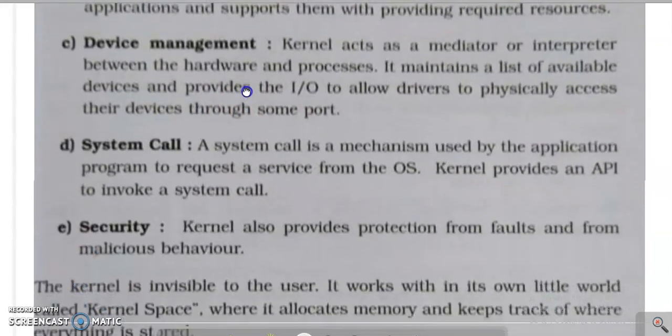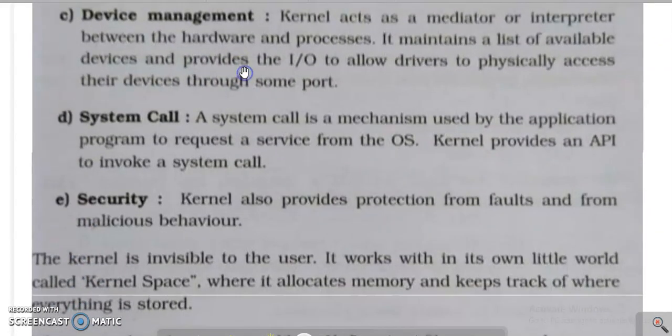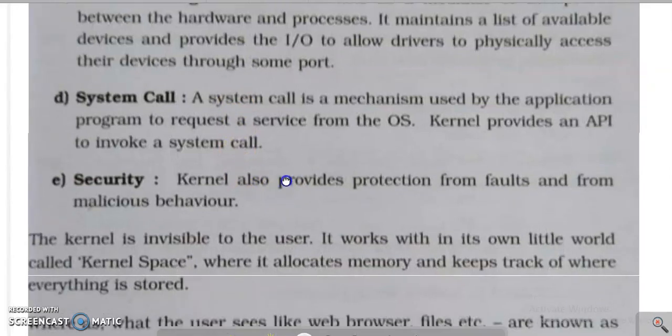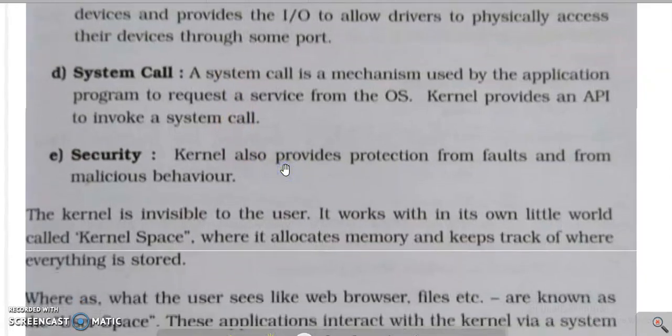A system call is a mechanism used by the application program to request a service from the operating system. Kernel provides an API to invoke a system call. API stands for Application Programming Interface.